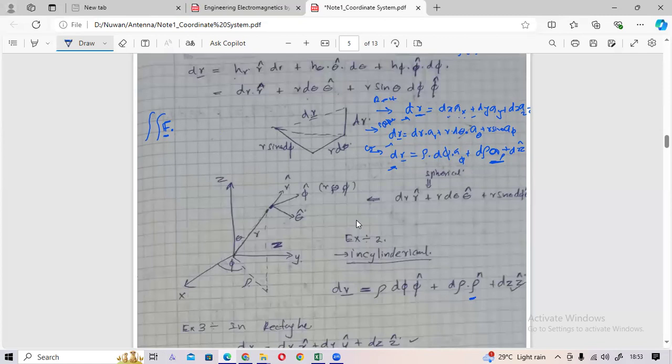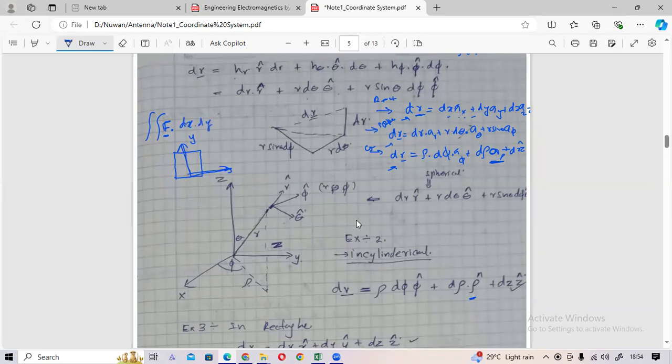For example, if there is a surface in the xy plane and you want to find the surface charge of this surface, you need to integrate in the x and y directions, dx and dy.